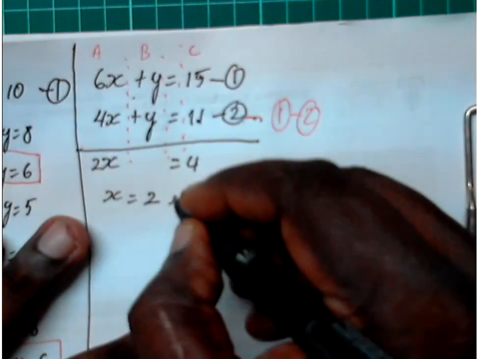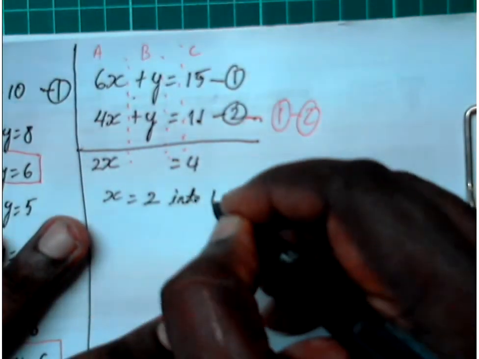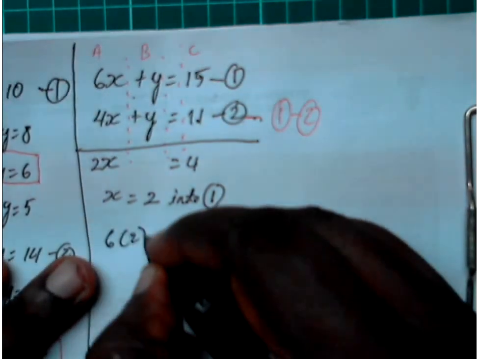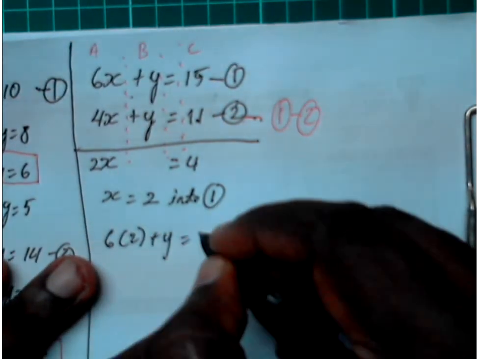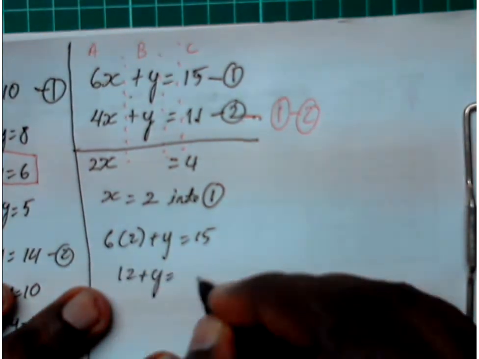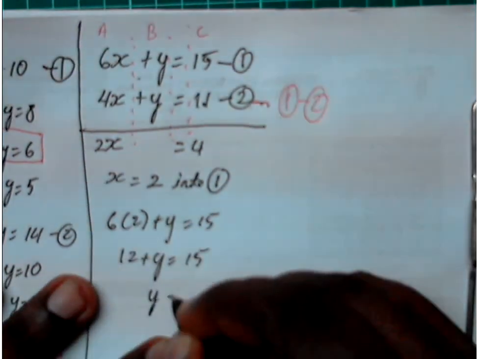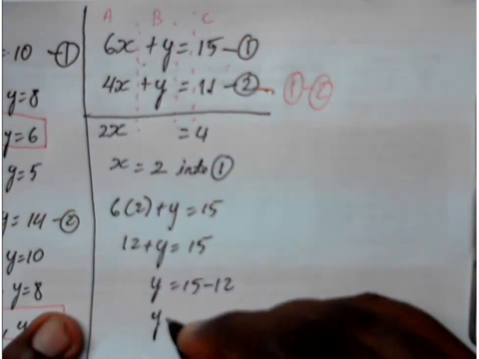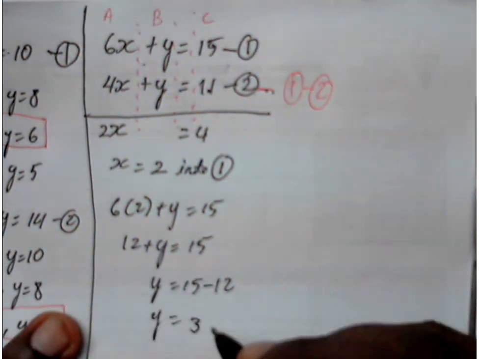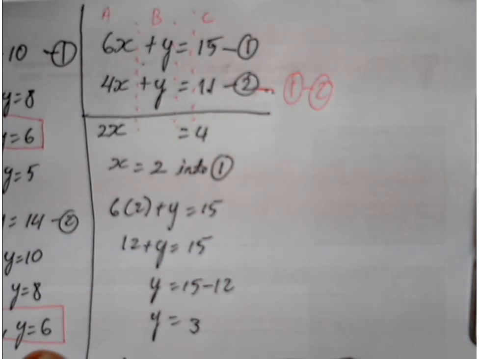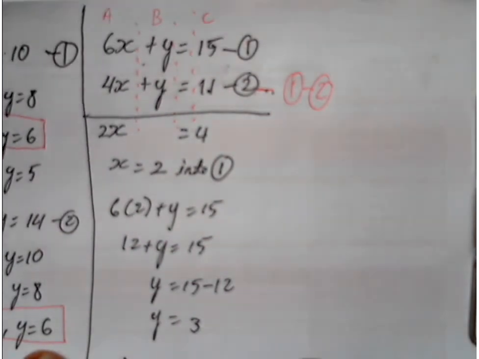I put x equals 2 into equation 1, so I have 6 times 2 plus y equals 15. 6 times 2 is 12 plus y equals 15. y equals 15 minus 12. y equals 3. So my final answer is x equals 2 and y equals 3.